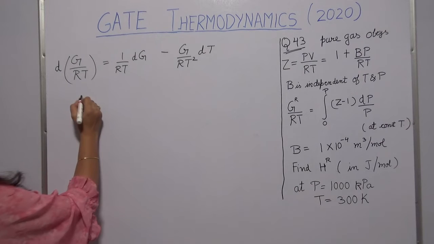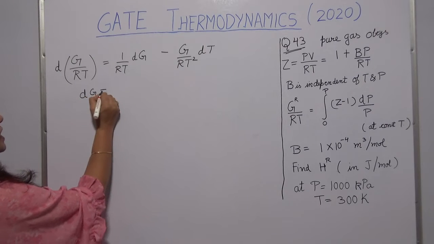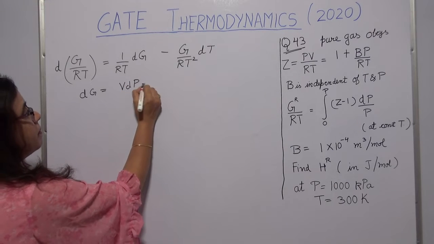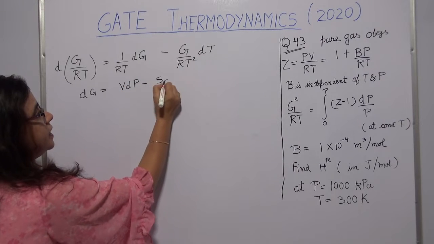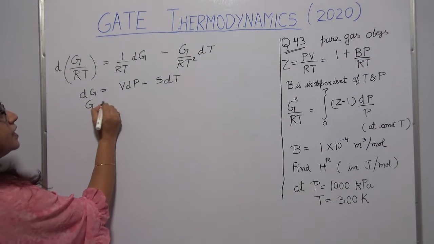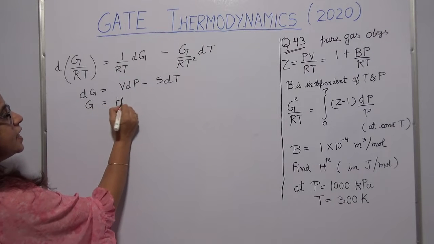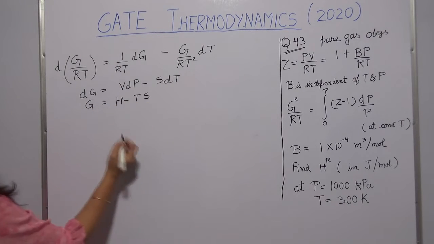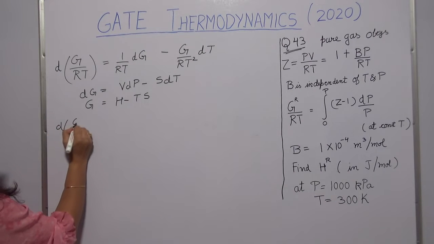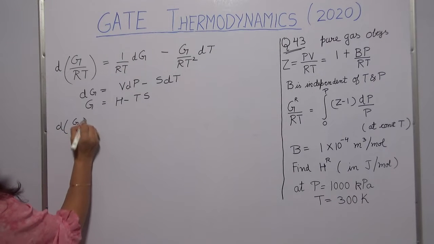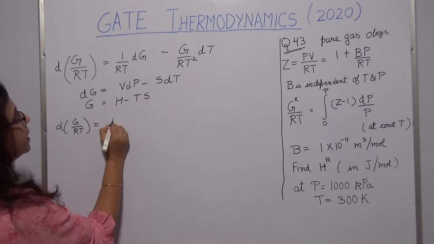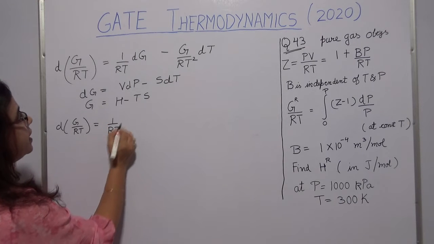Now I know that I can write dG as VdP minus SdT, and G I can write as H minus TS. So I am going to plug in these equations. Then my dG by RT is equal to 1 upon RT, I can take the constant outside.